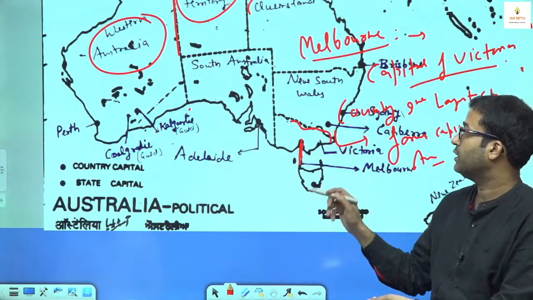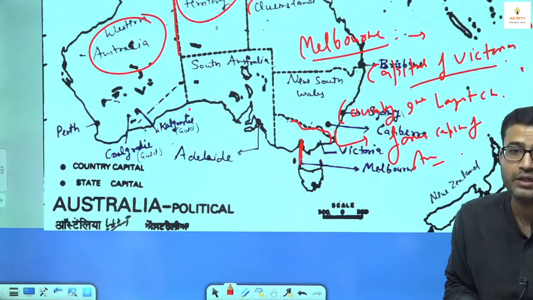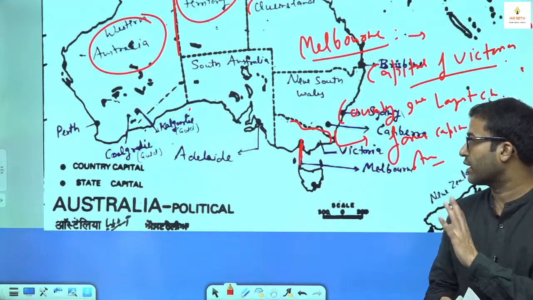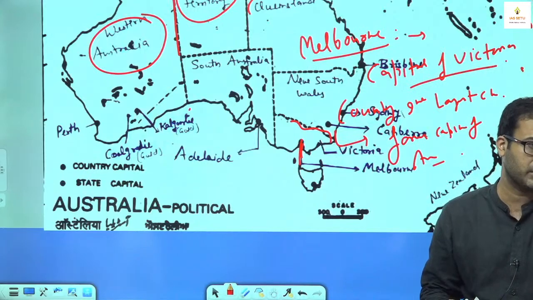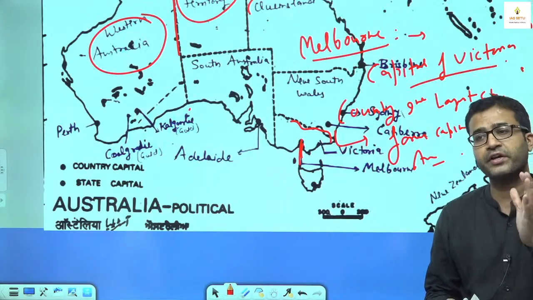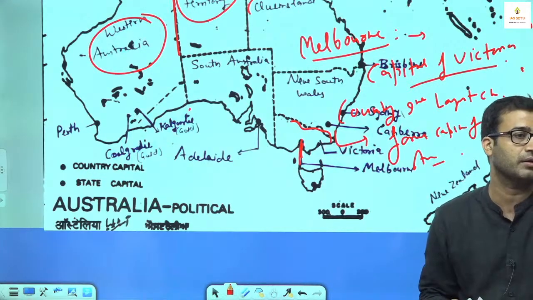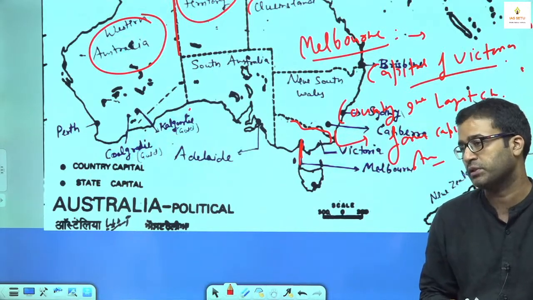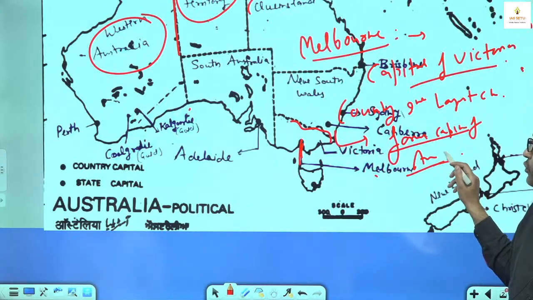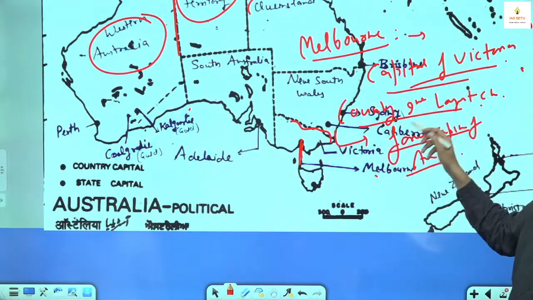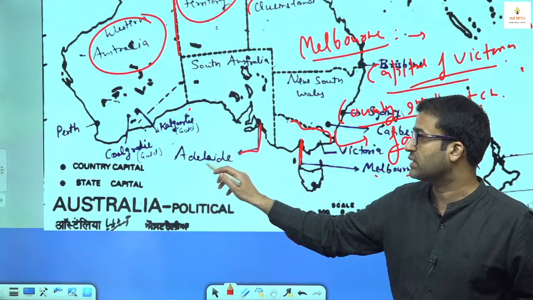Earlier the capital was Melbourne, and they found that there was population pressure in Melbourne, so they shifted their capital to Canberra, only for administrative purposes. So Melbourne is the former capital of Australia, the country's second largest city, and the capital of Victoria also. Next is Adelaide.